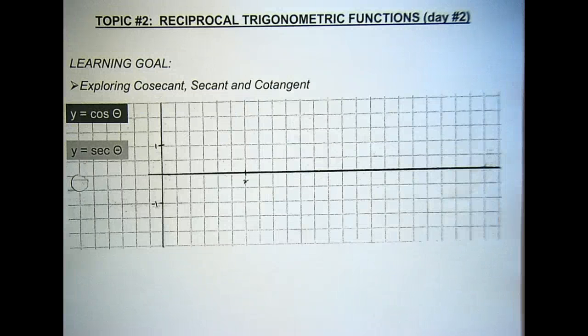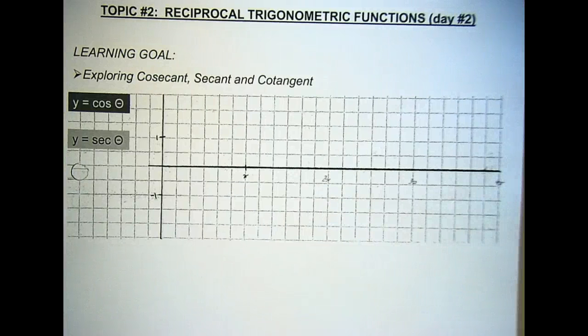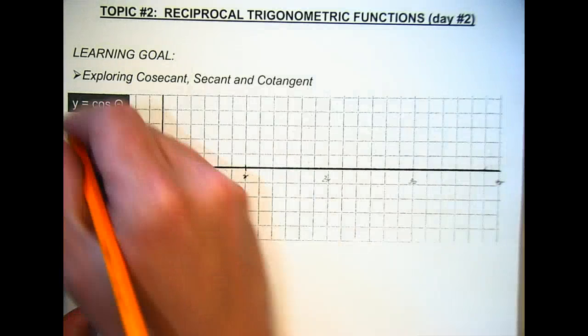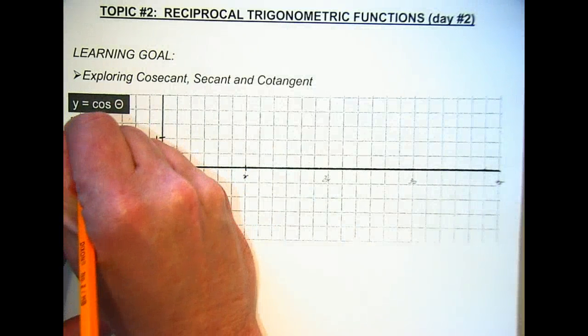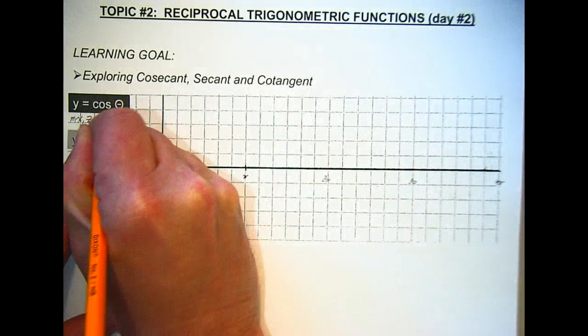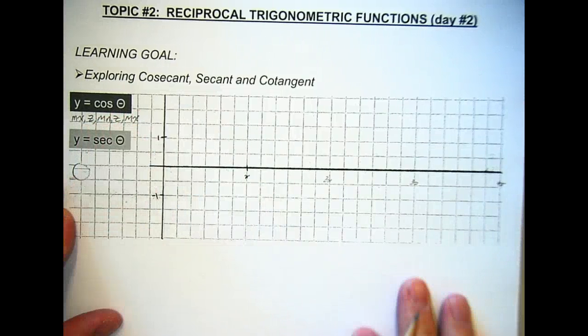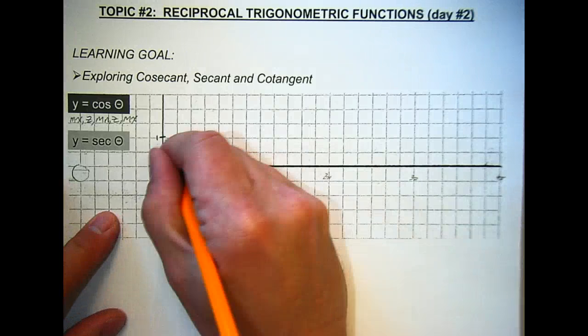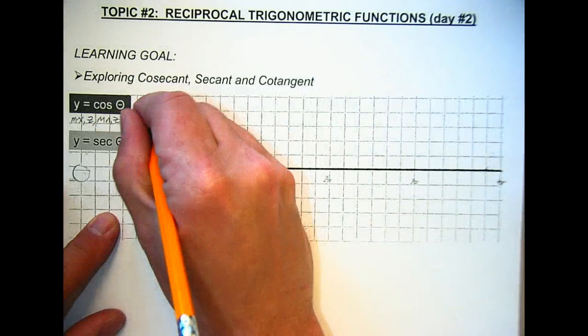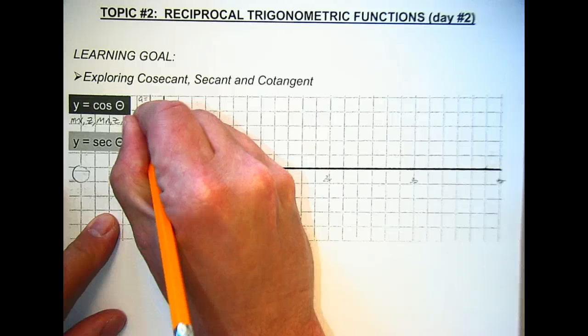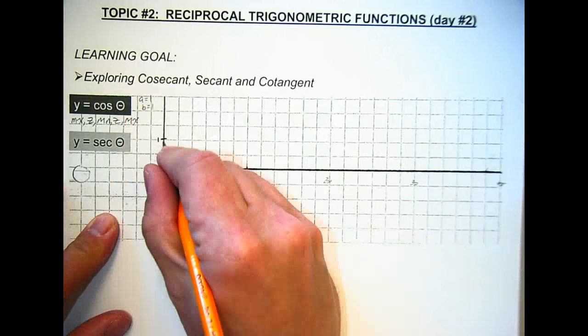Okay? We are doing cosine now. I want you to graph cosine out to 4 pi. Okay, so remember on cosine you have max, 0, min, 0, and max. And so if we're doing that, in this case, A is 1, B is 1. So we're going to see one cycle from 0 to 2 pi.